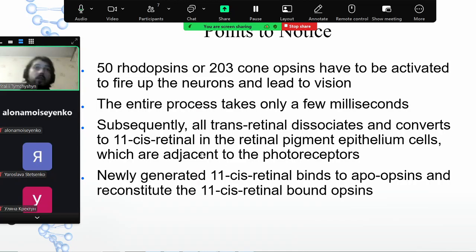So here you see that retinal cells have a lot of work to do, so they need some support from the pigment epithelium cells. And the newly generated 11-cis retinal binds to apoopsins and reconstitutes the 11-cis retinal bound opsins. So they are exchanged. And that basically finishes the cascade of detecting a photon.